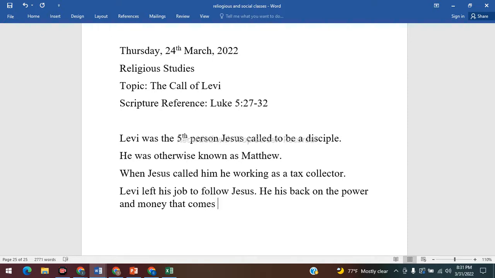What was the job of the tax collector? Collect the taxes from the people for the Romans. Yeah, good.